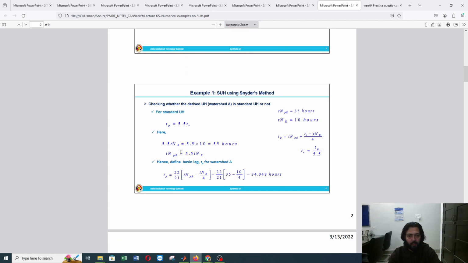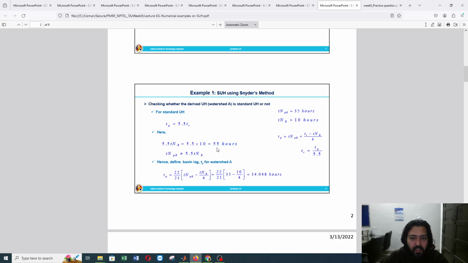For that, the equation is TP should be equal to 5.5 times TR, right? If we use this equation and calculate the basin lag TP, we get the answer as 55 hours, which is not matching the given data. In the given data for watershed A, the basin time lag was 35 hours, but when we check it, it is coming to 55 hours.